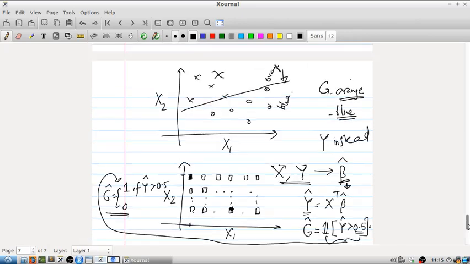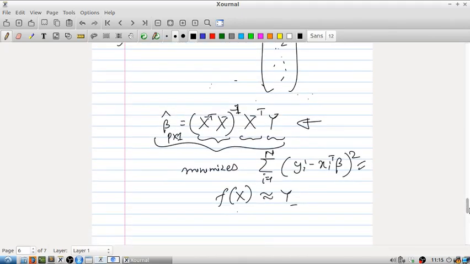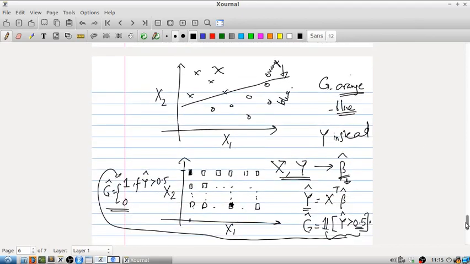So this formula, the arrow, gives the beta hat. And once I get the beta hat, all I'm saying is I can make a prediction or an estimate of what the output should be at any given point in the space. To give an idea of any given point in the space, I said let me think of all these evenly spaced points. I can always color them, right? I can color any point in the space.